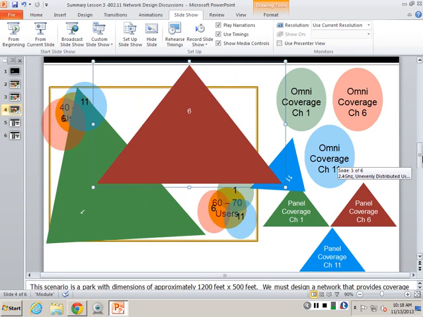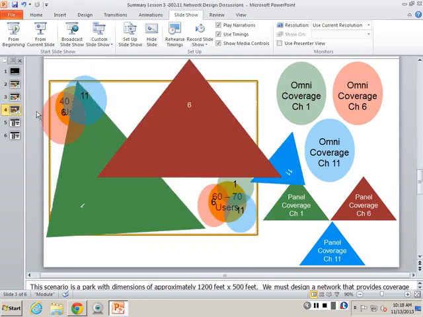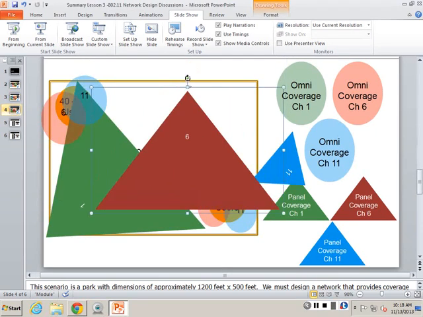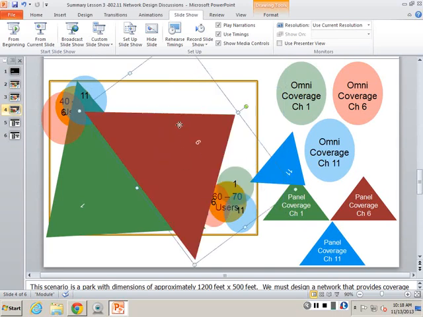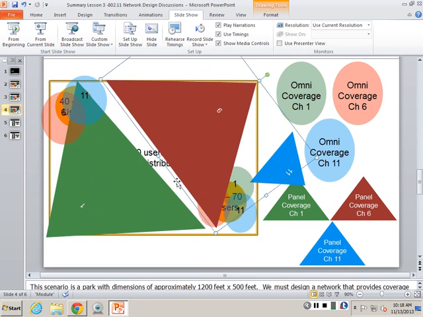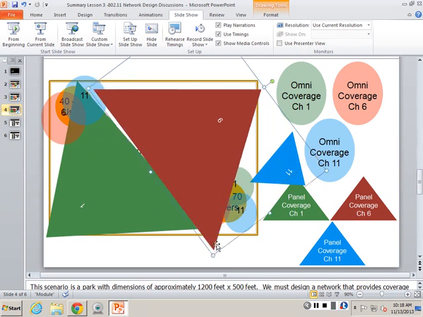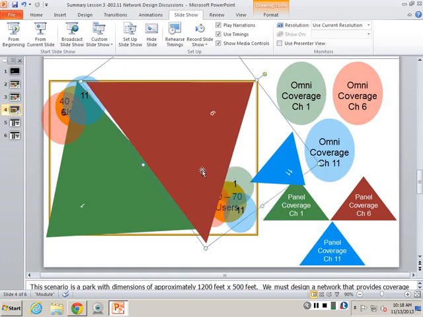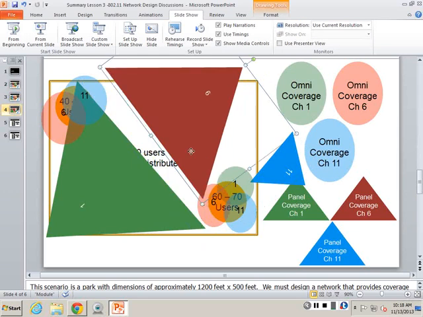Lost the top. And I did it backwards. I should have, anyway. There we go. That's more like it.